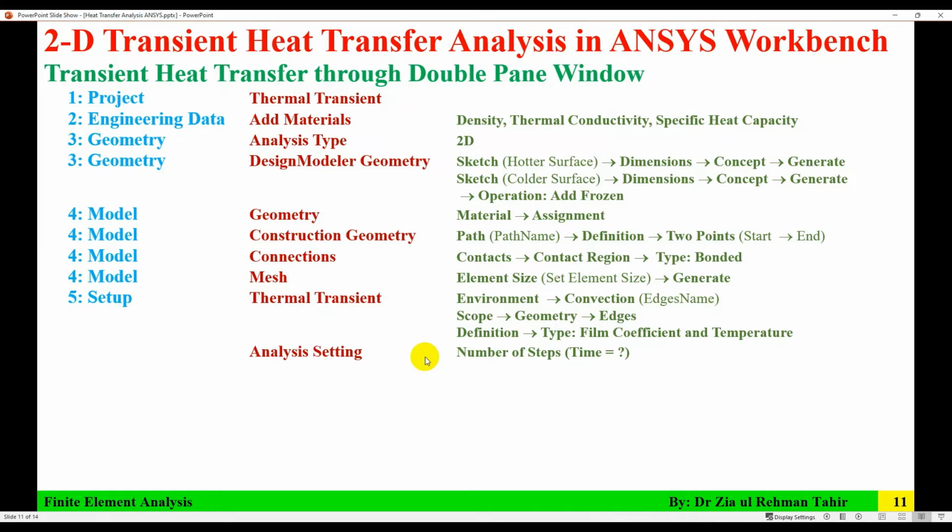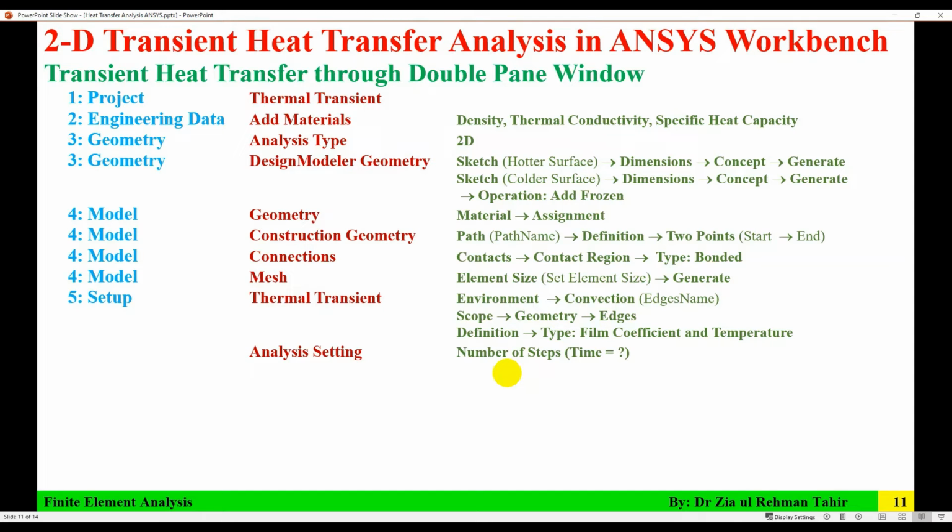So now the next step here in analysis settings, you need to add the number of steps. The number of steps is based on how much time is needed for the transient heat transfer analysis. Heat transfer is actually transient, but it is often solved as steady state because that solution is easy.